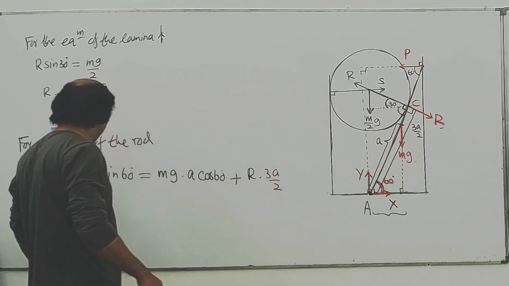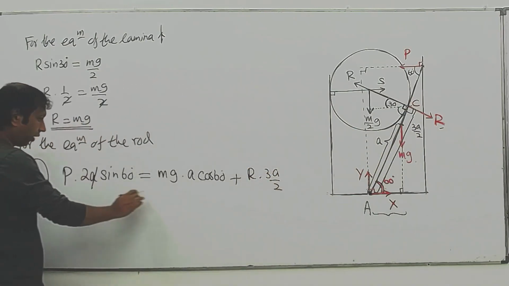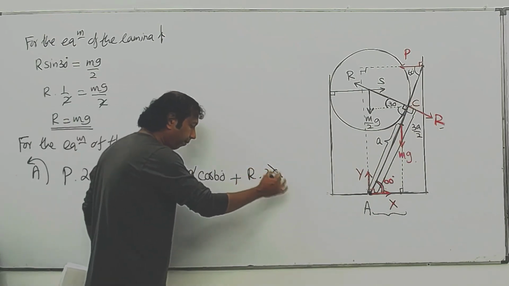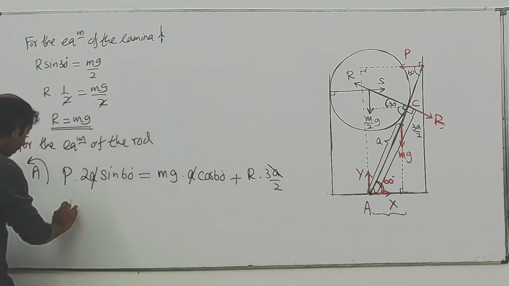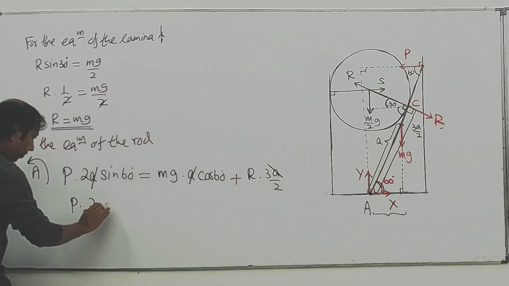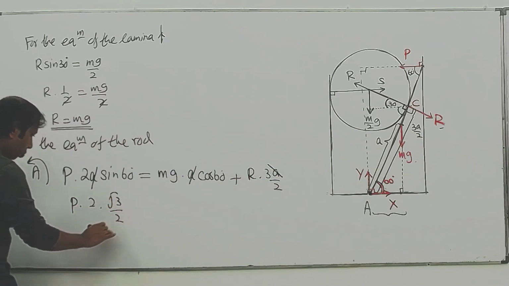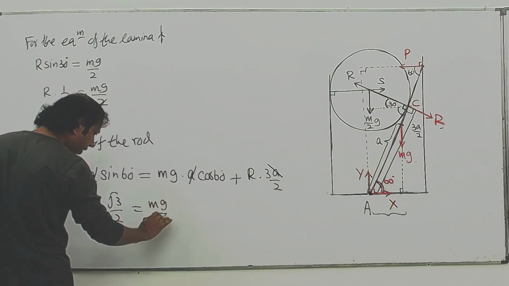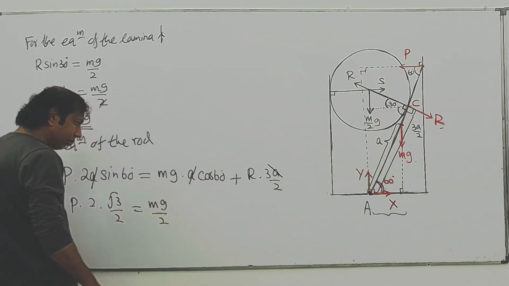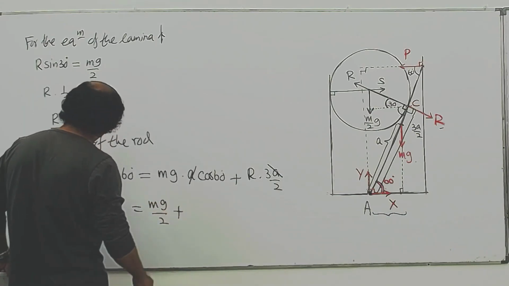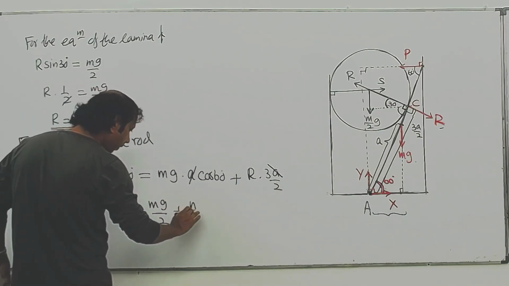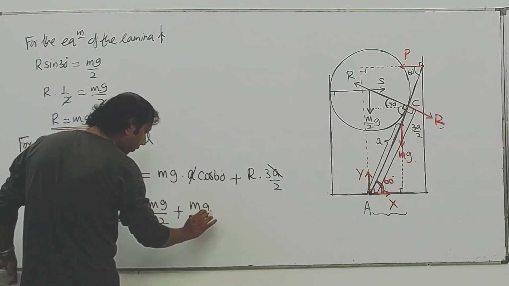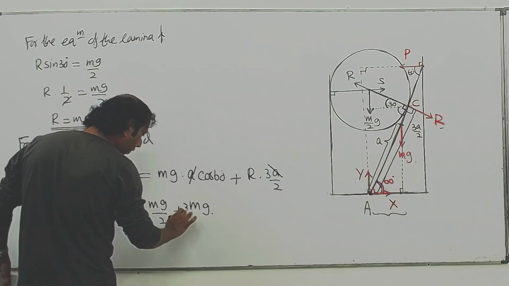Okay, alright. Now we'll write. A you can cancel down, left and right both. Right. P into 2 sin 60 is root 3 by 2. mg cos 60 is half. Right. R we found, people, is mg. So mg is R, 3 by 2 R, right? 3 here, 2 here.